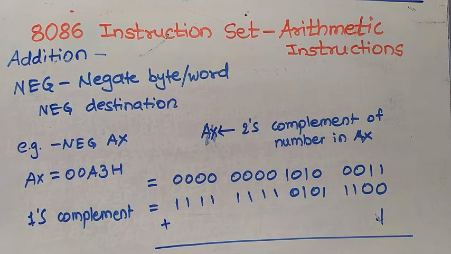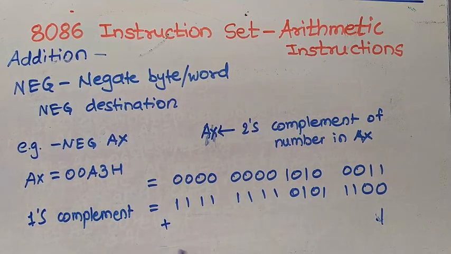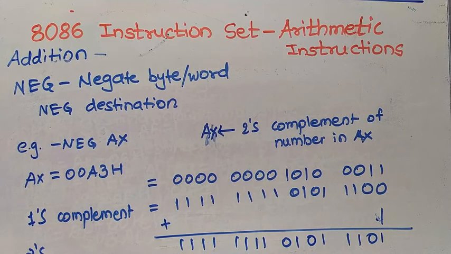So after this we'll have 1111 1111 0101 1101. Wait, I'll write down properly here. We'll have this 2's complement number.